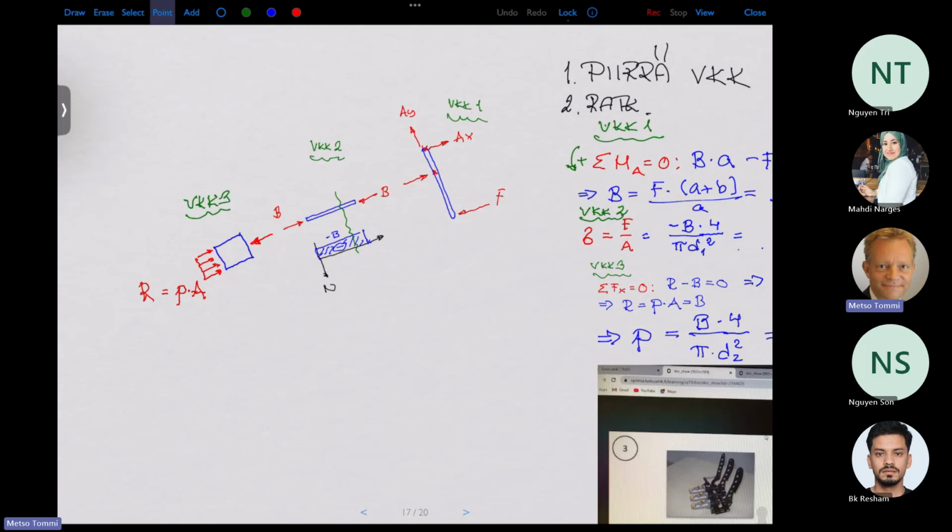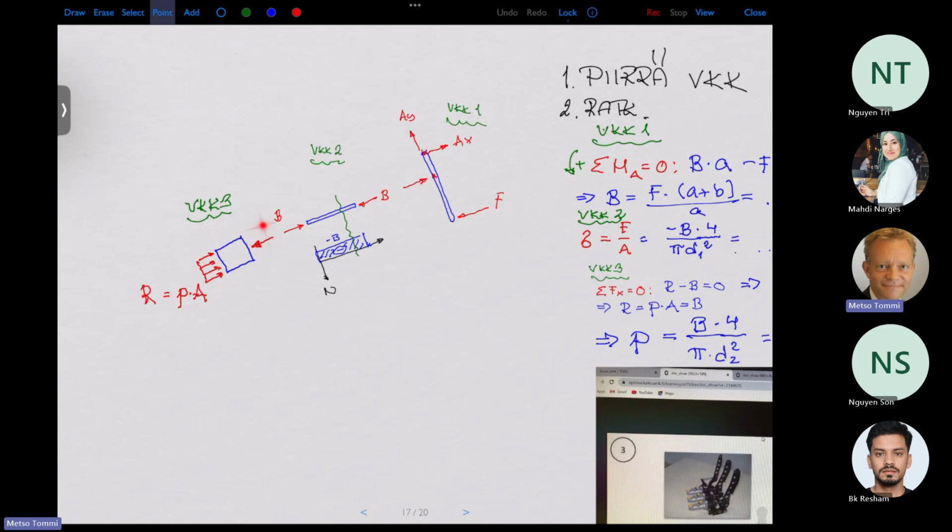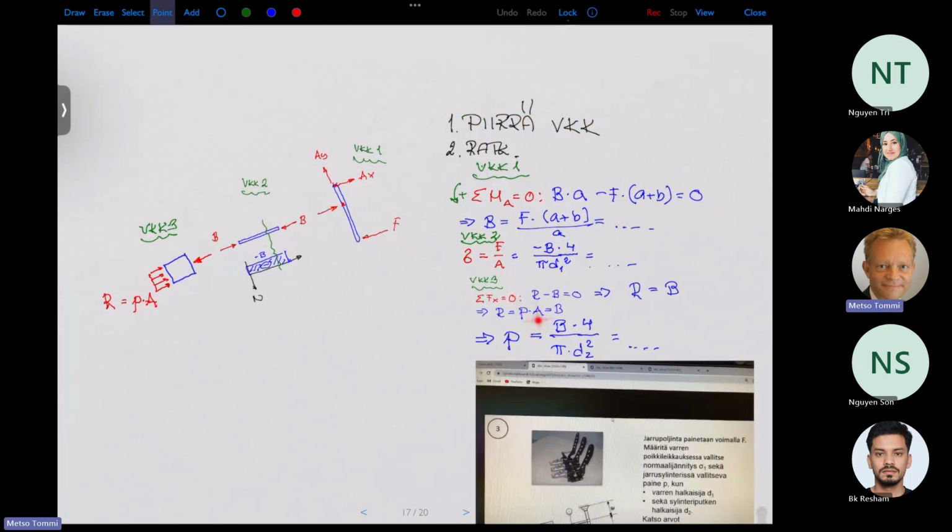And now from this third free body diagram, we know that B must be as big as this resultant. So B must be as big as this pressure times area. And you can see it in here. And when you have calculated this cross-section of this piston, you can solve the pressure.